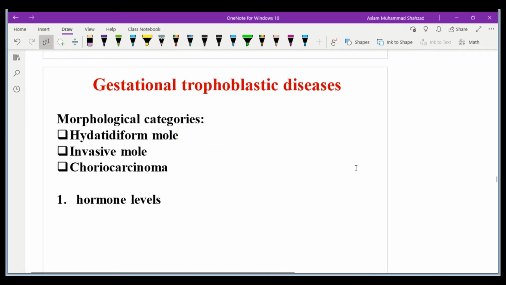In gestational trophoblastic disease, the main morphological categories are the formation of hydatidiform moles, invasive mole, or choriocarcinoma.